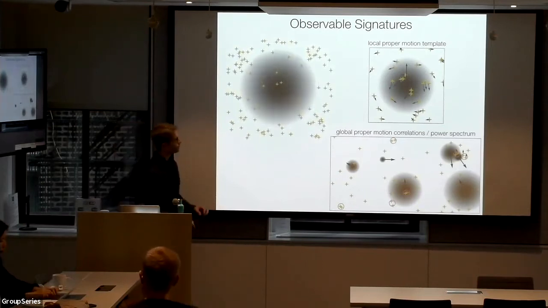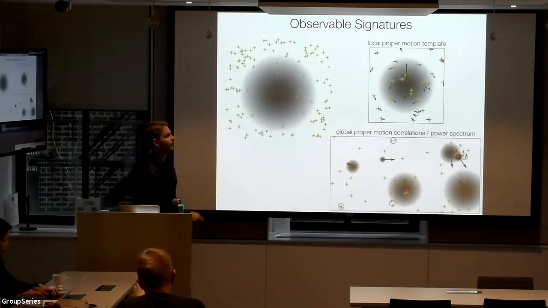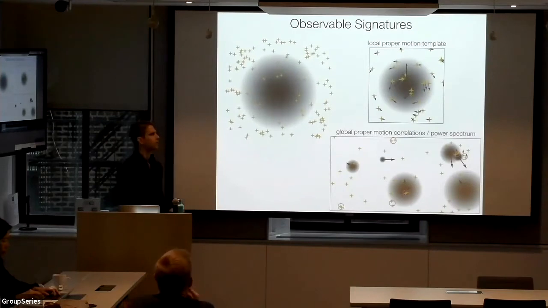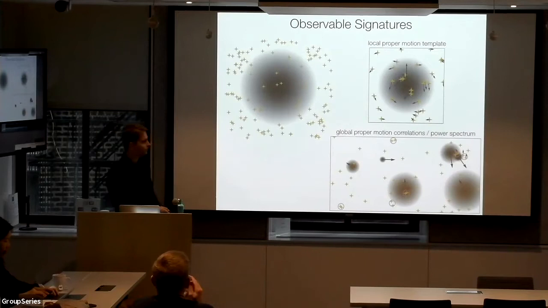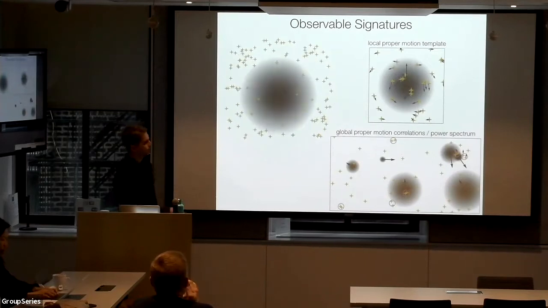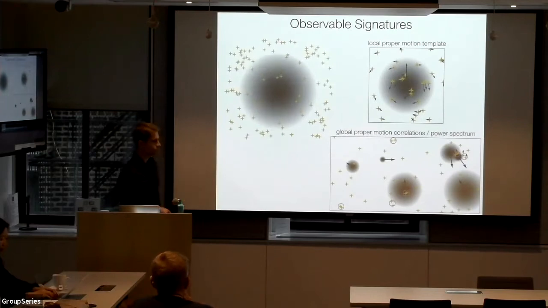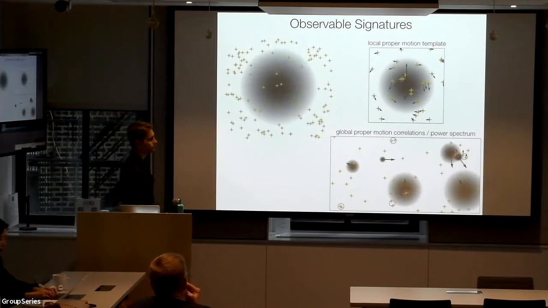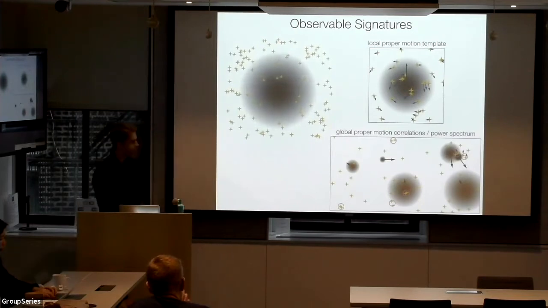So we suggested doing a matched filter analysis of this local dipole velocity pattern, and that's one of the analyses that I'll talk about later today. Likewise, you can also look at the two-point function, for example, in the proper motions or accelerations of stars, using the fact that nearby star pairs typically get common lensing corrections.